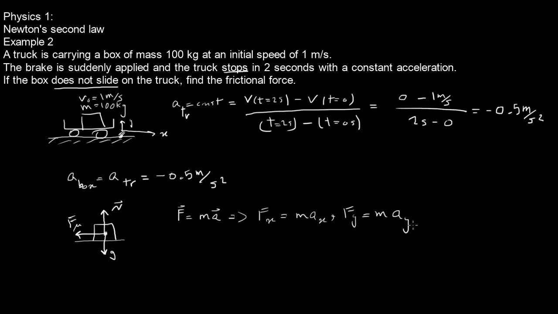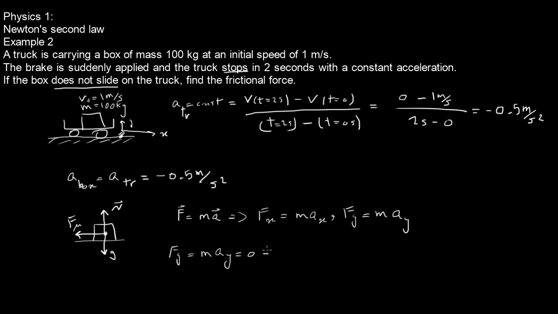Now let's first work on the y component, although it's not asked, but it's good to know what happens there. So Fy is equal to may, which is 0. So ay is 0. Why? Because the box does not move up or down at any time. Therefore ay is 0, and since Fy is equal to mass times that, Fy is also 0.